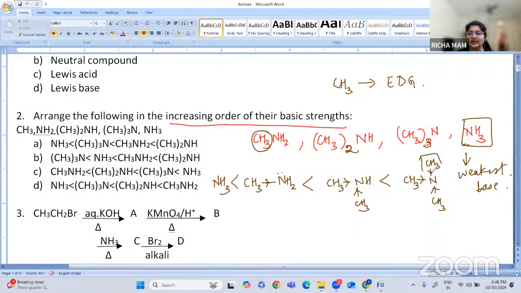Why? Methyl is an electron donating group. As the number of methyl groups increases, the basicity also increases, because the electron density on the nitrogen will be more. So this is the order. Is it clear? What is the answer?